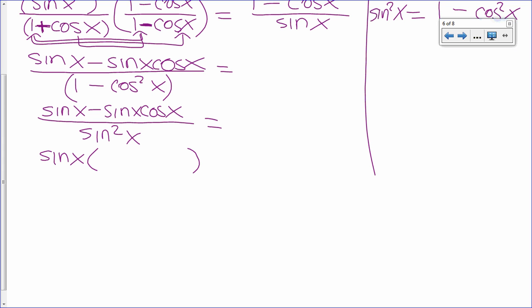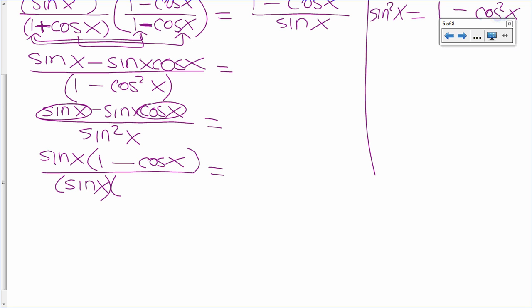And if I factor sine x from here, what do I get? 1 minus cosine x. Very good. And then from here, you will get cosine. Now, this part right here is nothing but sine x times sine x. So I can cancel those two out, and now we'll be left with 1 minus cosine x over sine x.